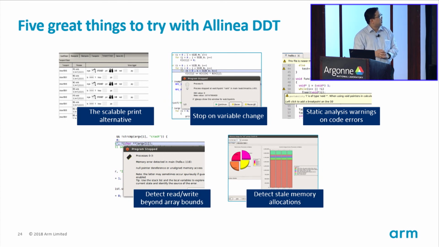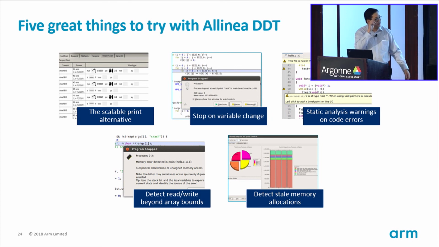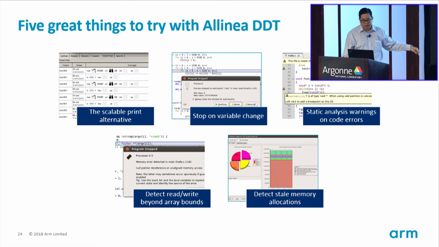Additionally, we have static analysis warnings. For instance, if you allocate an array and put values in it, but you never use it and you meant to, DDT will show you that kind of information on the side. And we've got our memory debugging tools to show you if you access things out of bounds, or if you have a memory leak or stale memory allocations.